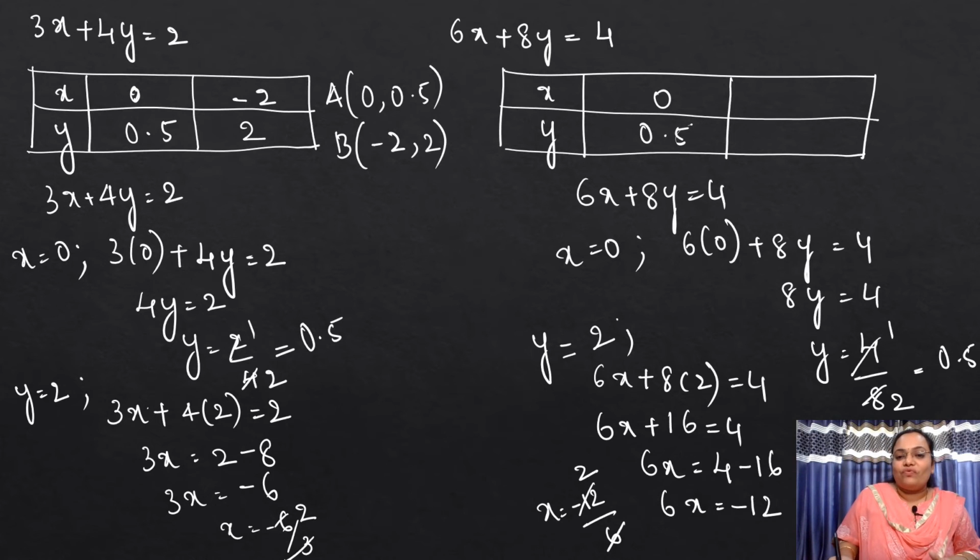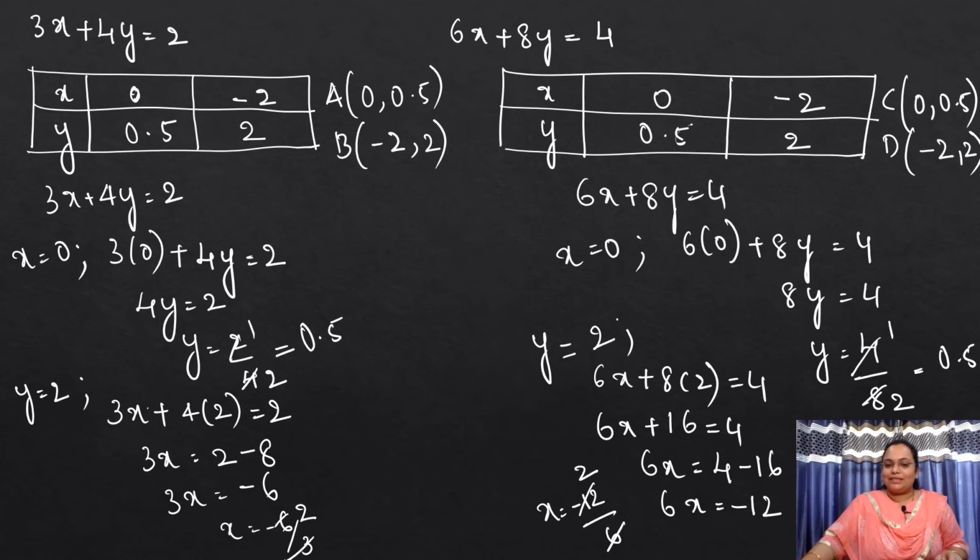Okay. So when y is equal to 2, you will get x is equal to minus 2. So this will be C of 0, 0.5 and D of minus 2, 2.